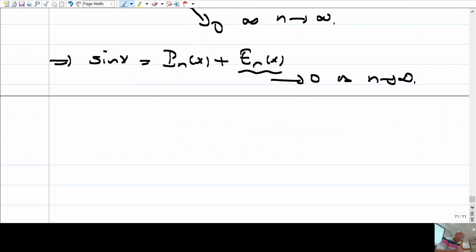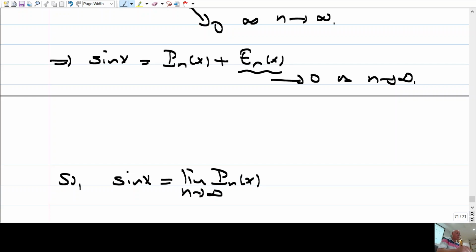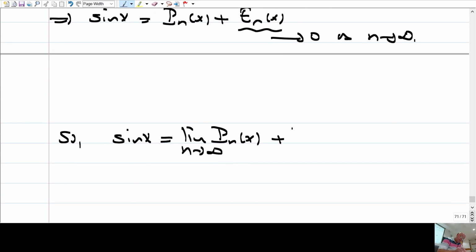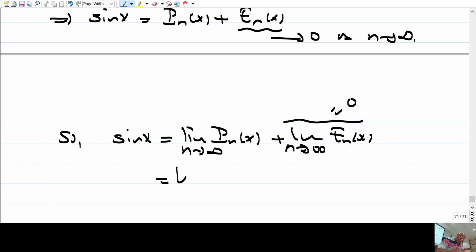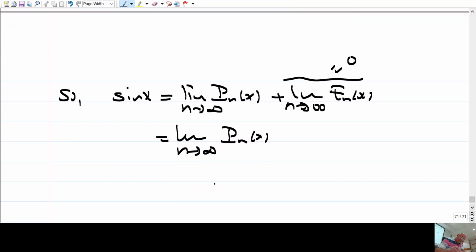I had sine x equal to Pn of x plus En of x, and what we know is that this term goes to 0 as n goes to infinity. So sine x is equal to the limit of Pn of x as n goes to infinity, because the error term goes to 0. So what is this Pn of x?